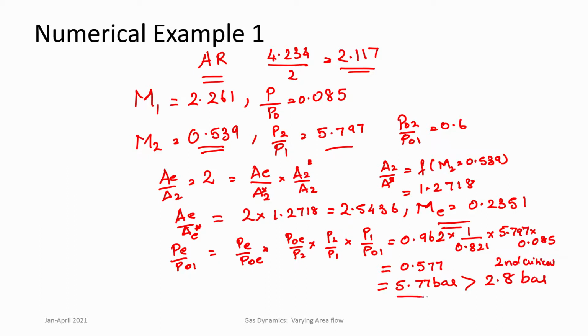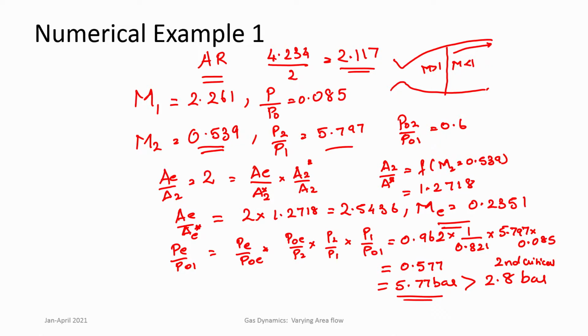While here the shock is at half that of the divergent portion. After the shock you still have a divergent area, so the shock is somewhere here. So the flow is supersonic all through until the shock, then it becomes subsonic, then it undergoes isentropic diffusion, that is it undergoes deceleration, velocity decreases, pressure increases.